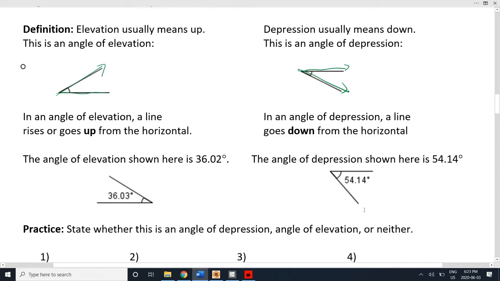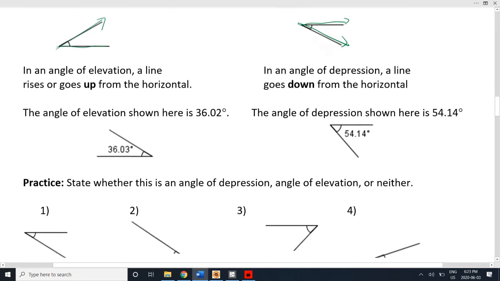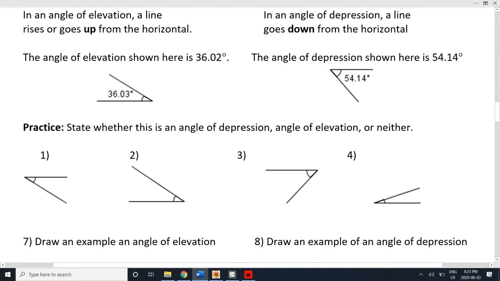So let's practice and let's state whether each angle is an angle of depression or an angle of elevation. Okay, we'll write E for elevation and D for depression. So number one, we can see that the horizontal is over here, and from the horizontal we're going down. So this is the angle of depression. Number two, what do you think this is?